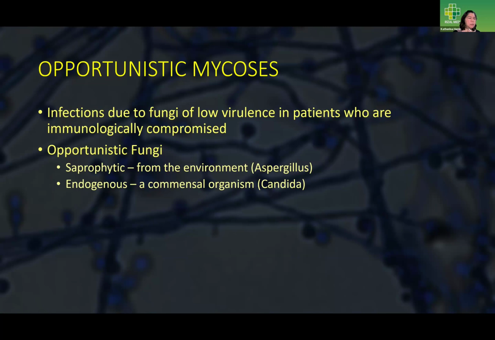Other opportunistic mycoses are caused by exogenous fungi, which are globally present in soil, water, and air. For this lecture, we will focus on the more common pathogens, mainly Candida, Cryptococcus, Aspergillus, Mucormycosis, Pneumocystis, and Talaromycosis.